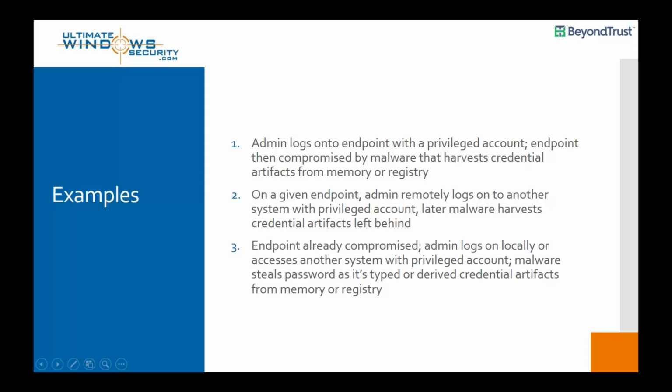Later, the malware harvests credential artifacts left behind. Or maybe the endpoint is already compromised. The admin logs on locally and then accesses another system with a privileged account. The malware steals the password as it's typed, or from derived credential artifacts left behind in memory or the registry. And there are just many, many ways to do this.